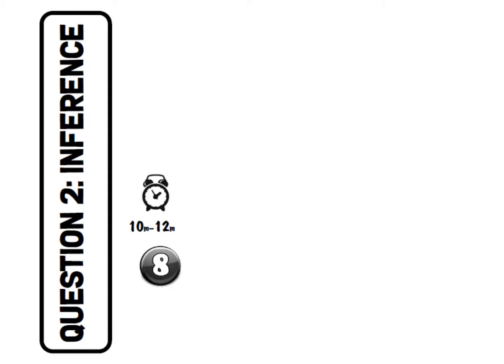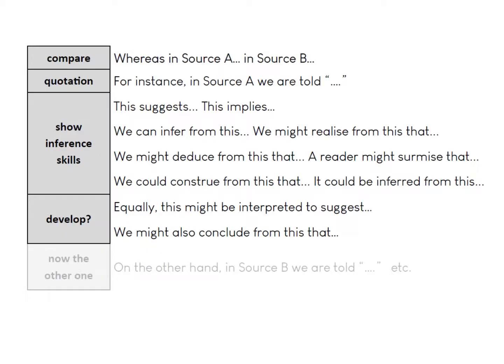So question 2 is comparing, but it's also about inference, which means finding quotes that you can squeeze and show what information we're getting from them. So this is the one where they will ask you to compare the differences about something relatively factual in both texts, and then you have to give quotations which allow you to squeeze it.